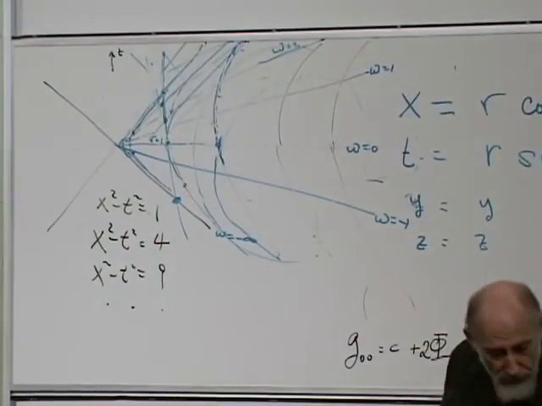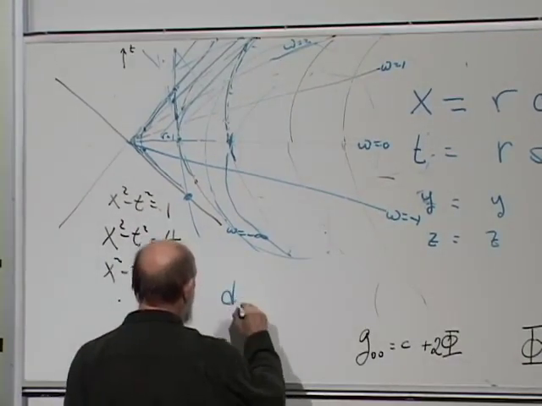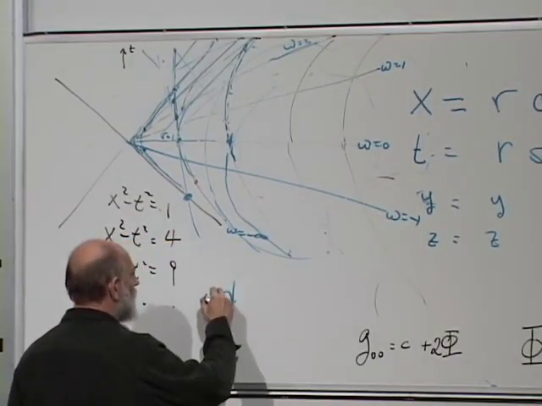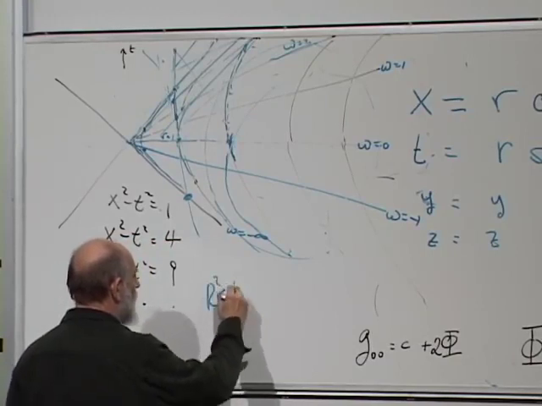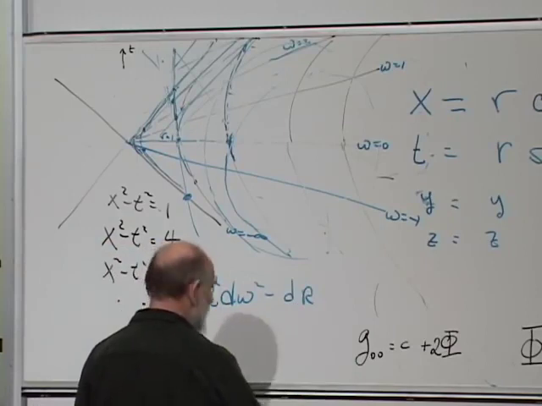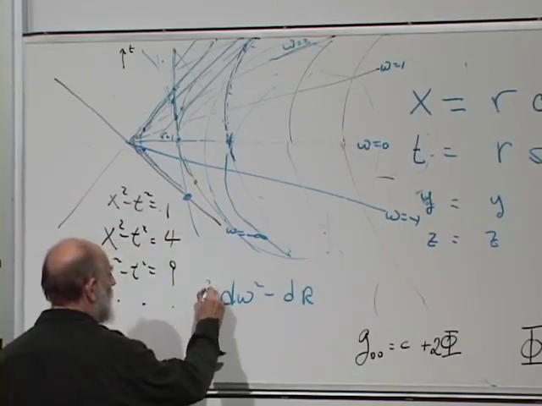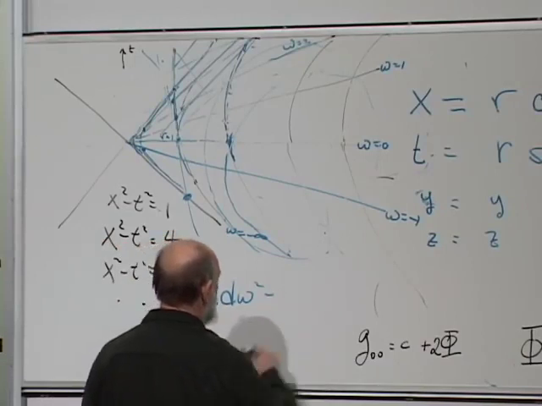Let me just write it down for you again. R squared d omega squared minus d r squared. Well, it's a different r.